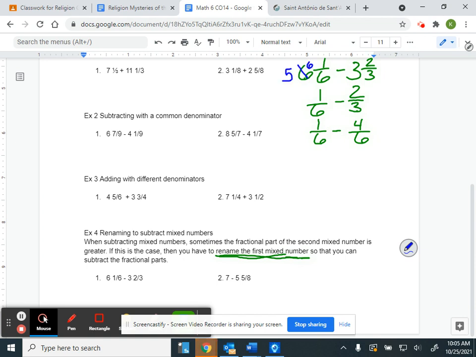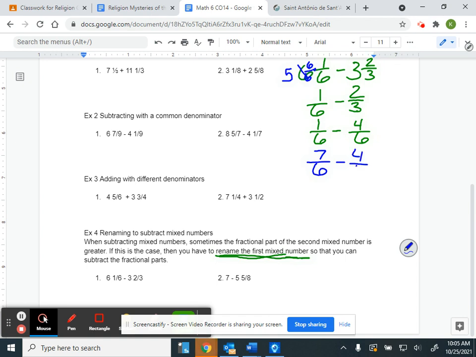And then we have 6/6, because a whole one would be 6/6. We're going to add that 6/6 to the 1/6. So now, instead of being a 6, it's a 5, and we have 7/6, because 6/6 plus 1/6 gives us 7/6.